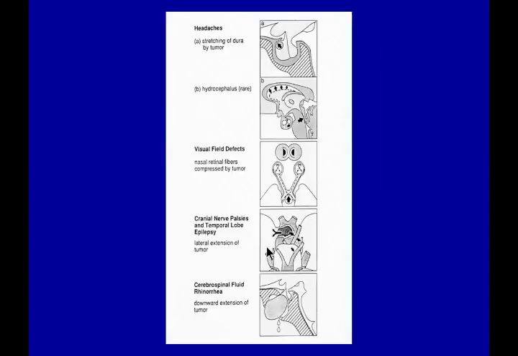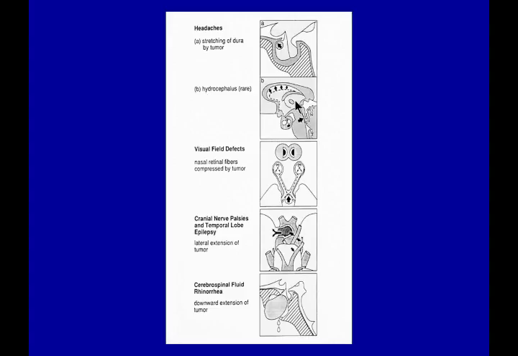So what are tumors likely to do? I think we've already talked about that they're going to cause hypopituitarism. We'll come back to that. But first of all, the most common symptom they present with is headaches, which unfortunately is not specific enough. They do that because they stretch the dura. The pain comes from stretching of the dura.